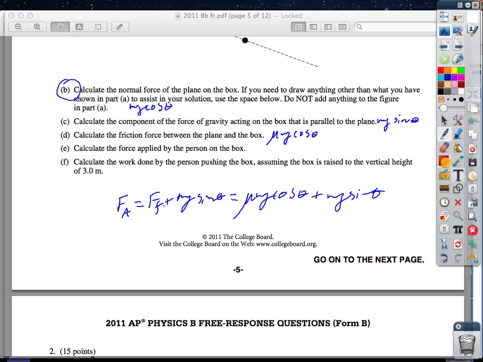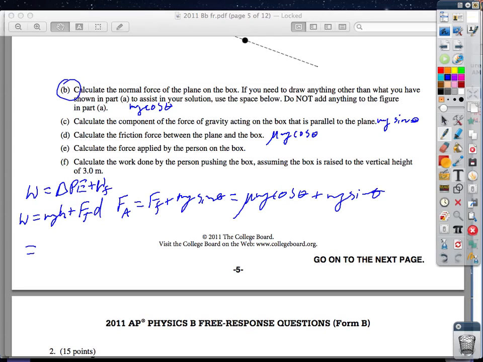Then calculate the work done by the person pushing the box. I would just use the easiest thing, and I would say the work is going to equal the change in potential energy. If you go up a ramp, they give you the height, I think, right? No, the height's 3 meters. Actually, it's the energy equation, so you do have to put in the work done by friction. So the total work is going to be mgh plus the force of friction times the distance.